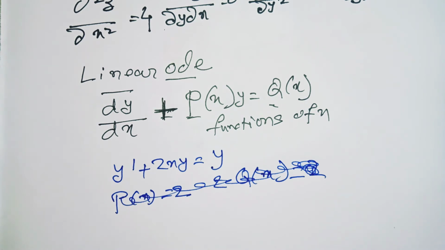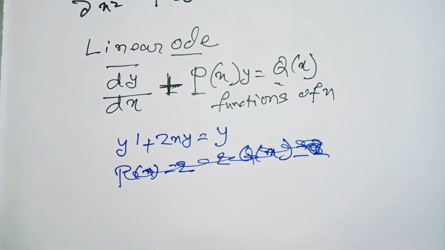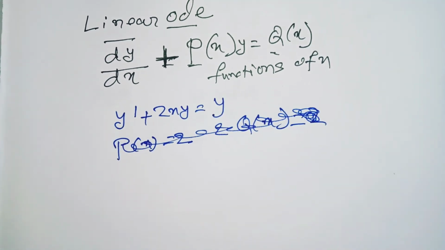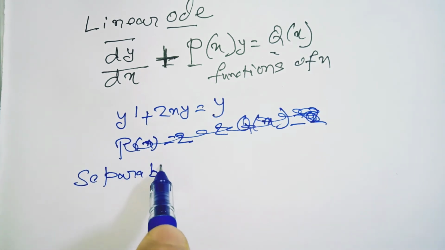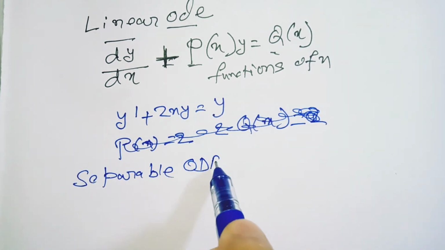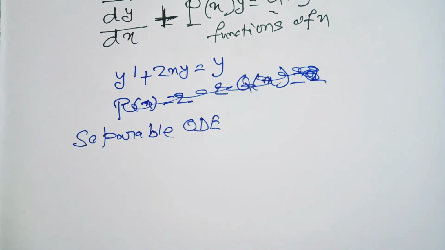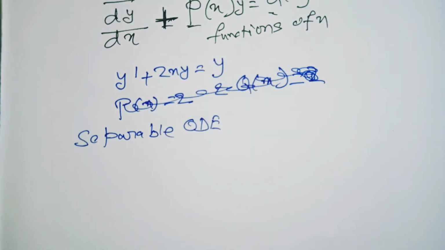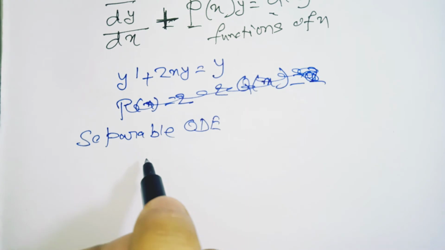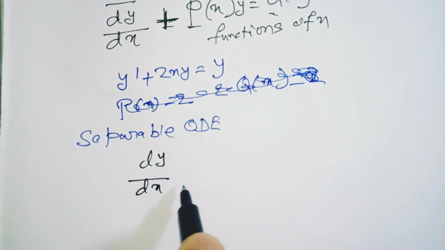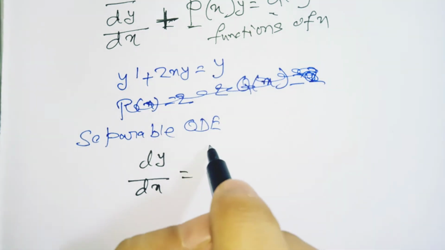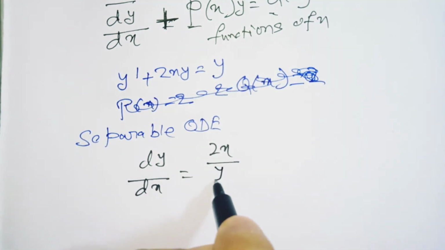So what we are left with is what is called a separable differential equation. Let us look into this. What is a separable ODE? A separable ODE generally looks something like this: dy by dx equals 2x by y, right?